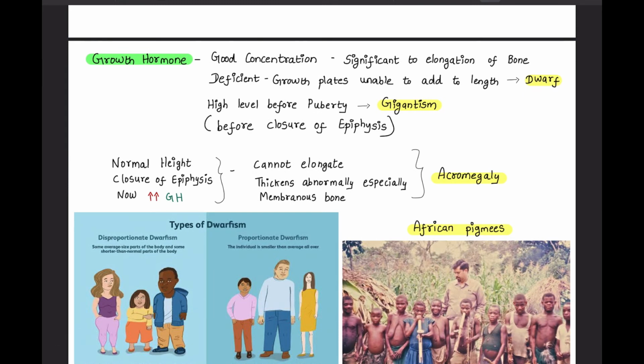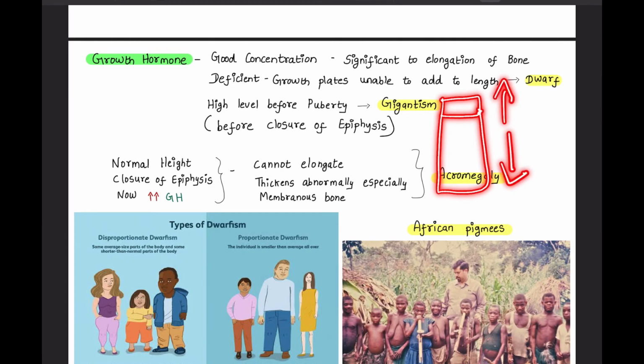And if a person has a normal height and the epiphysis and diaphysis have fused together, so now there is closure of the epiphysis. Now the bone cannot add to its length.